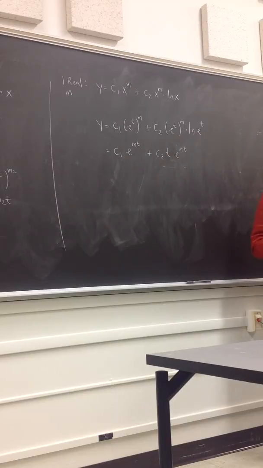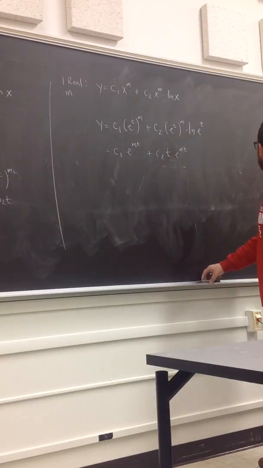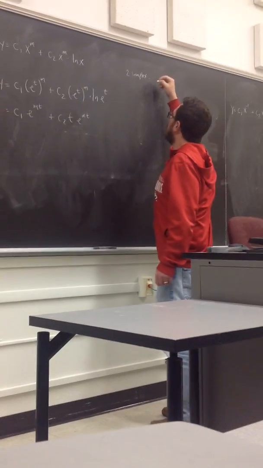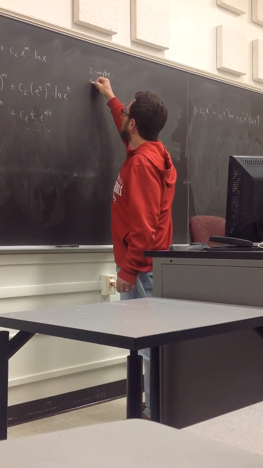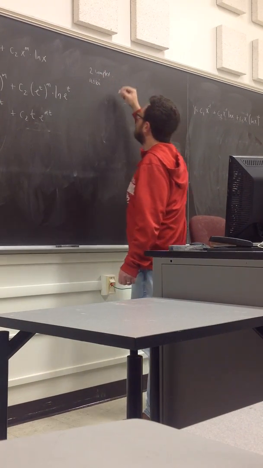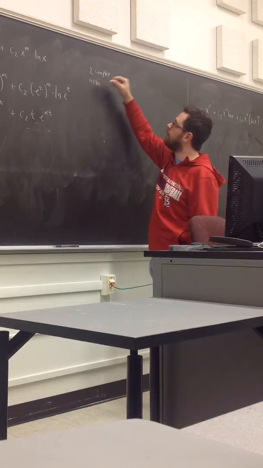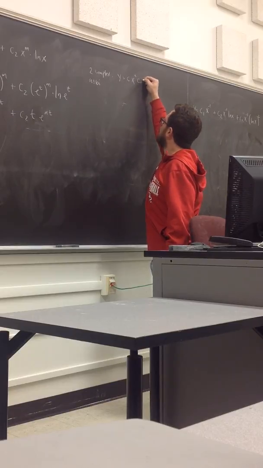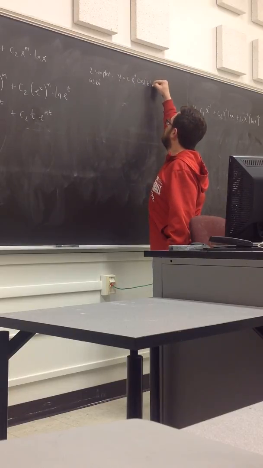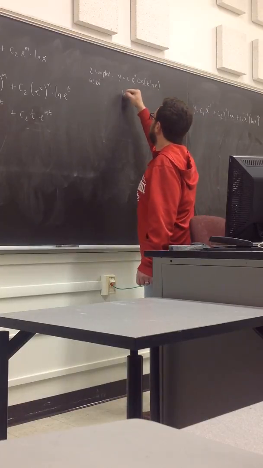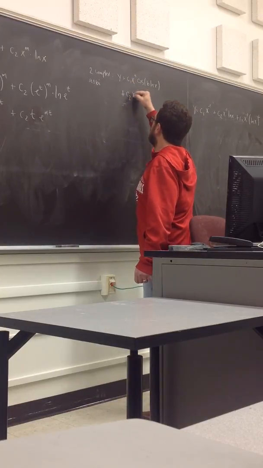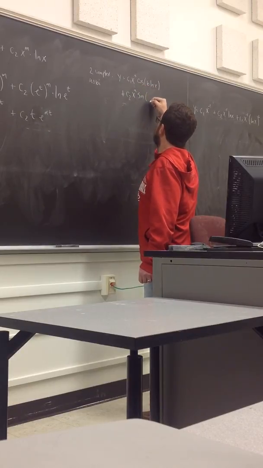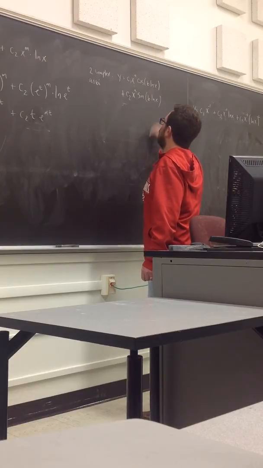Okay, and then the last one is two complex solutions. Okay, so let's call it a plus or minus bi. Okay, so if it's Cauchy-Euler, then the general solution is C1 x to the a cosine of b natural log x plus C2 x to the a sine of b natural log x.